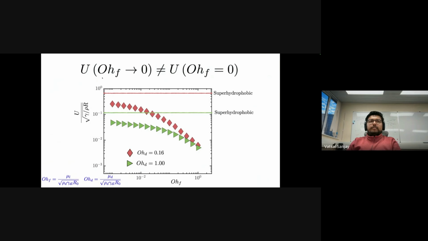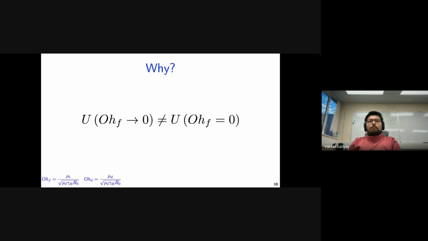And what we notice here is that the velocity for the limiting case of Ohnesorge film going to 0, which also almost reaches a plateau, as you can see over there, is not equal to the case where we have Ohnesorge film 0, which is basically air, which is these lines over here. So why is this?